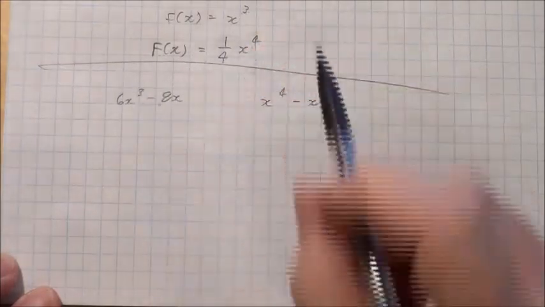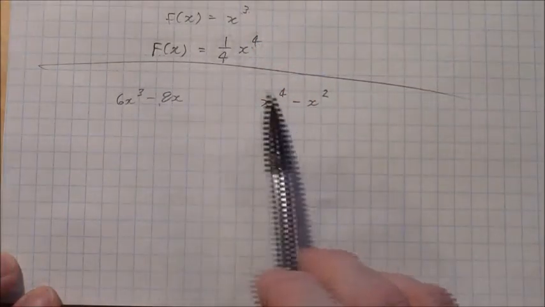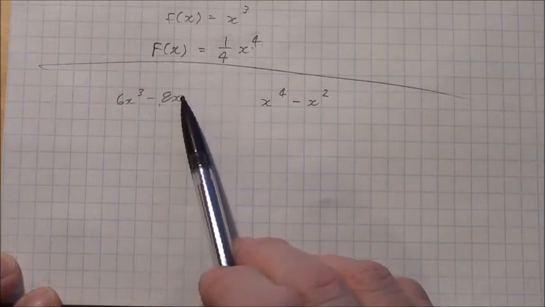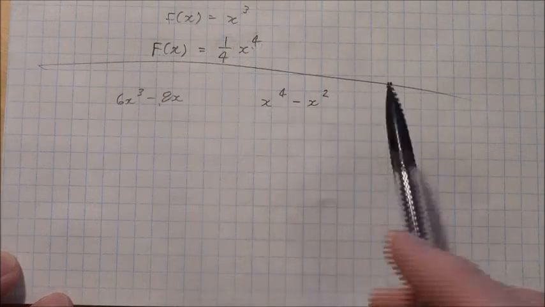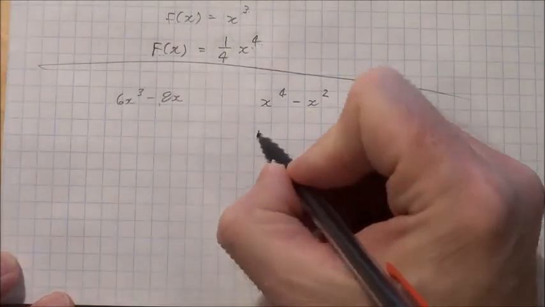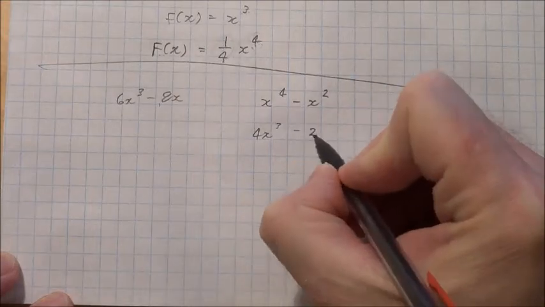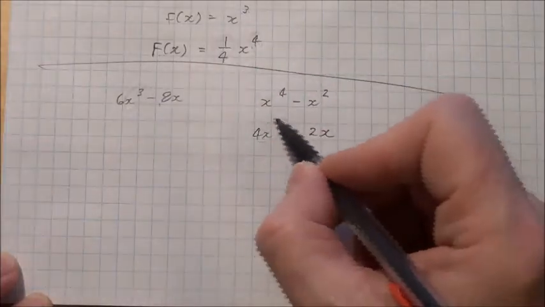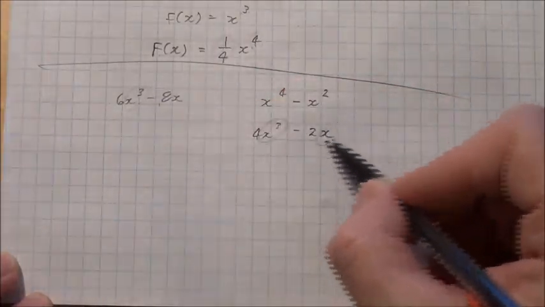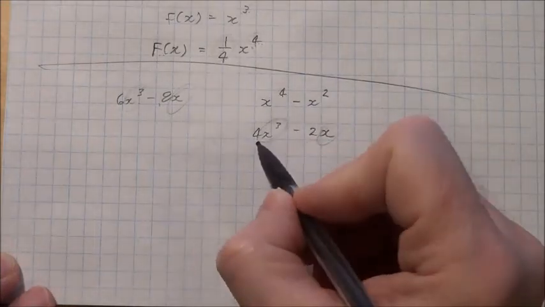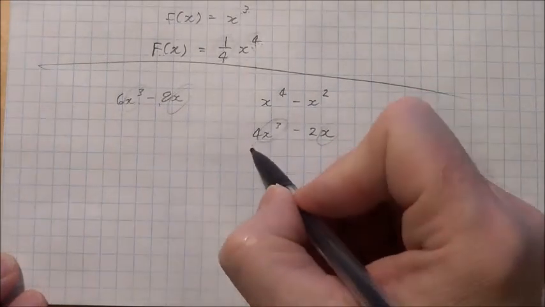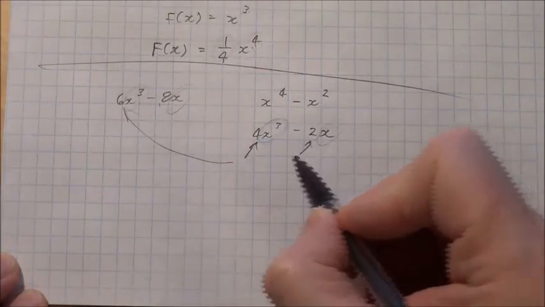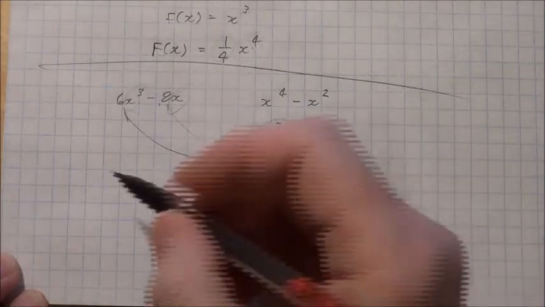We differentiate by bringing the powers down, and to take the derivative of this, we get 4x cubed minus 2x. So we have the power we want for the first term and the power we want for the second term, but we need to do something in front here so that we get 6, and something here to get this 8.